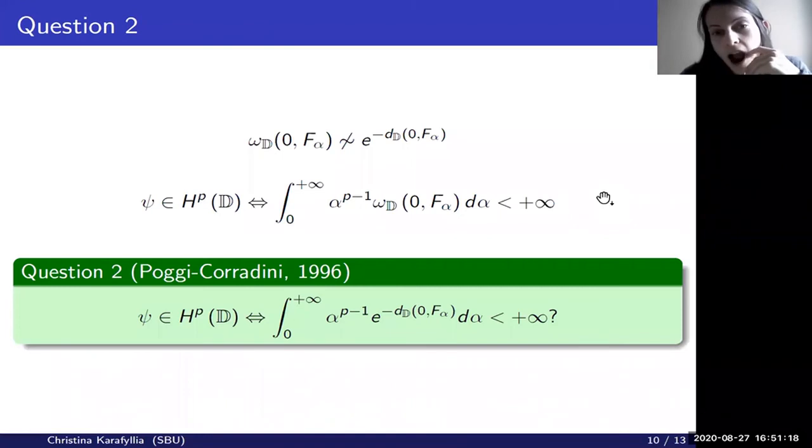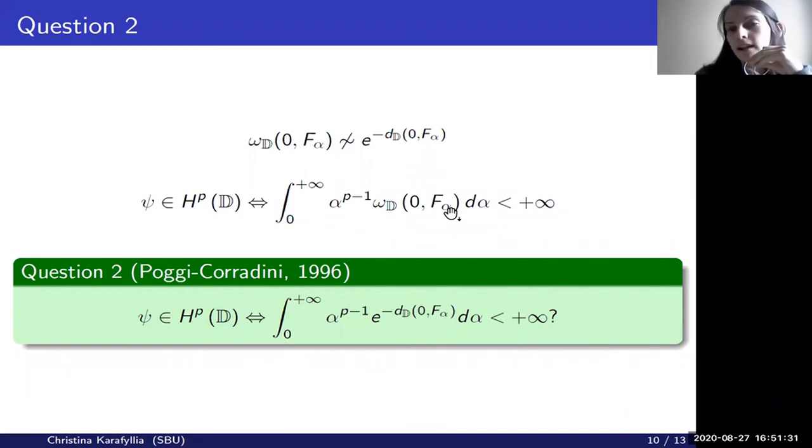So we saw that these quantities are not comparable in general, but when we integrate them, then the integrals are finite or infinite at the same time. The only thing that remains to study is what happens with the limits of these quantities. Do the limits give us something interesting or not?